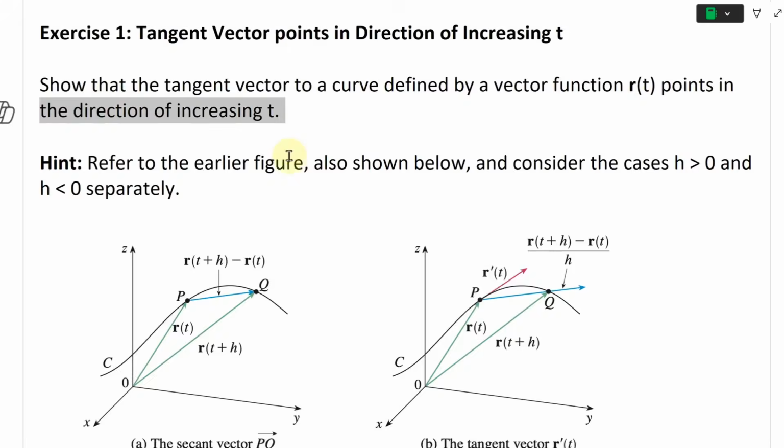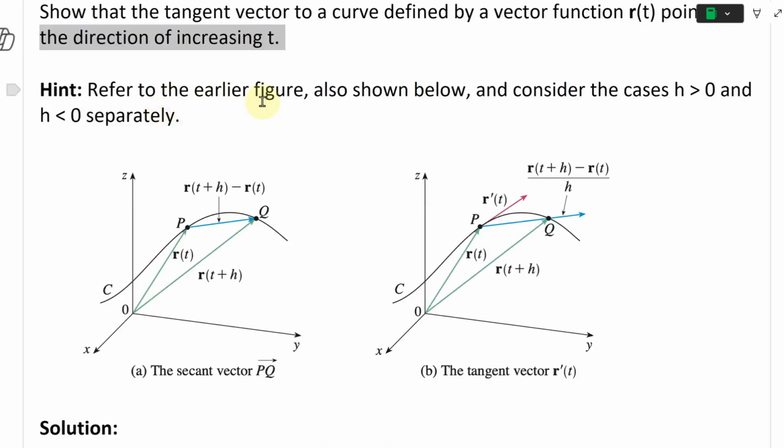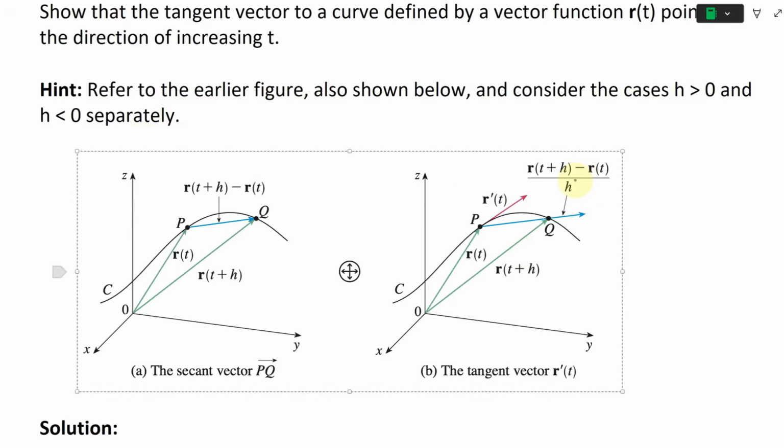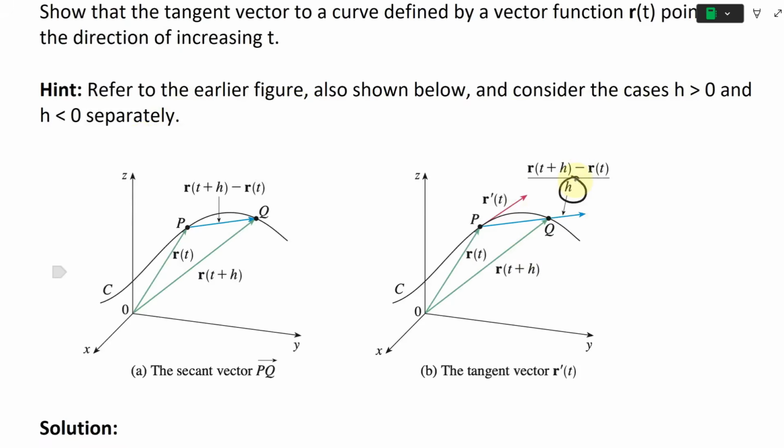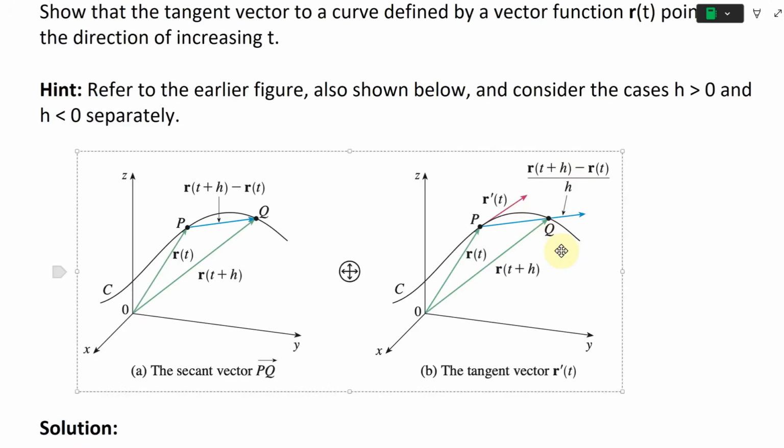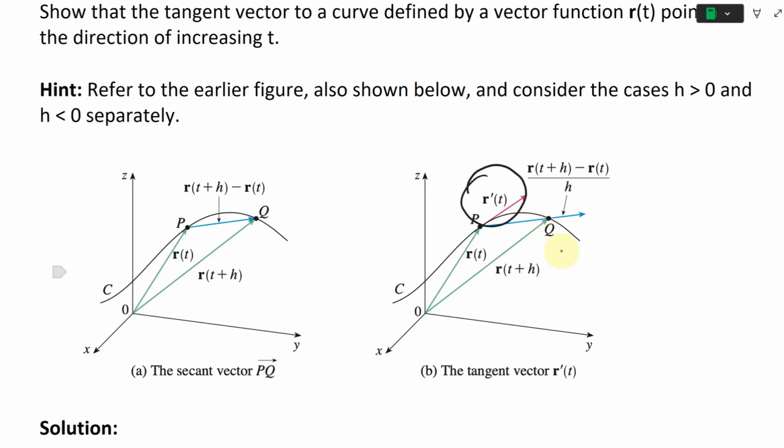Here's a hint: refer to the earlier figure and consider the cases h greater than 0 and h less than 0 separately. Basically look at either less than or greater than 0, and see what happens to this direction. This is the derivative right here, and this is the secant.